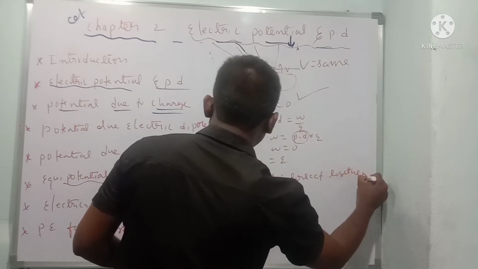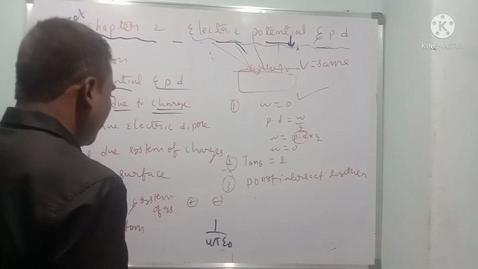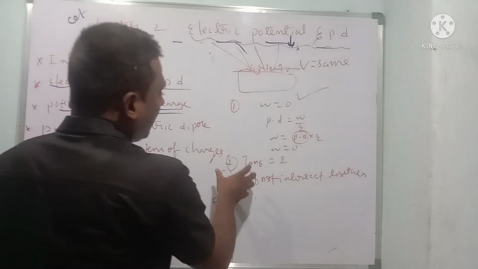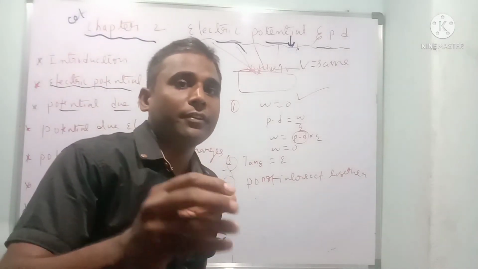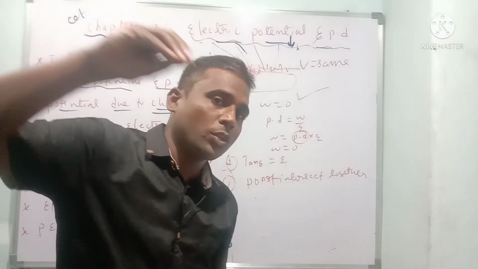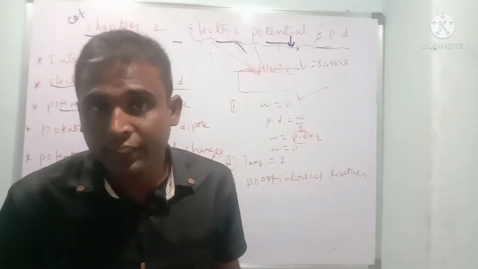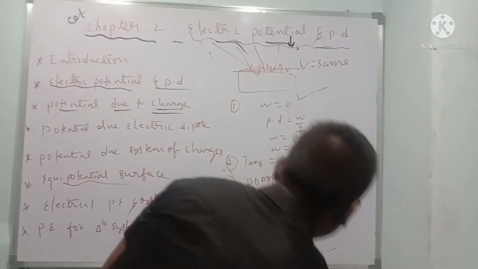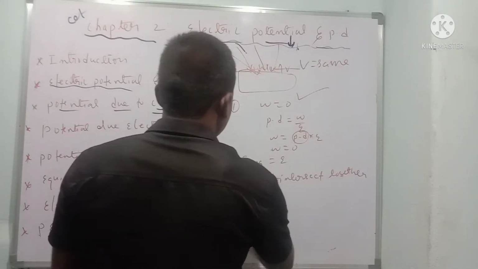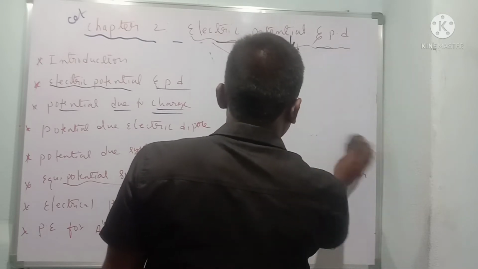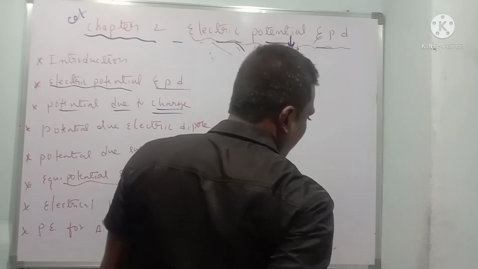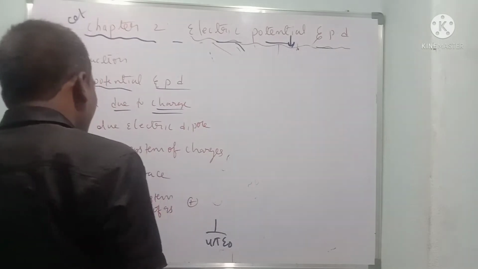Now children, we are going to take a very simple concept. Equipotential surfaces are going to tell us the number of electric fields, which may be a strong electric field or a weak electric field. The fourth point we'll discuss now is how the equipotential surface tells whether the potential is stronger or weaker.